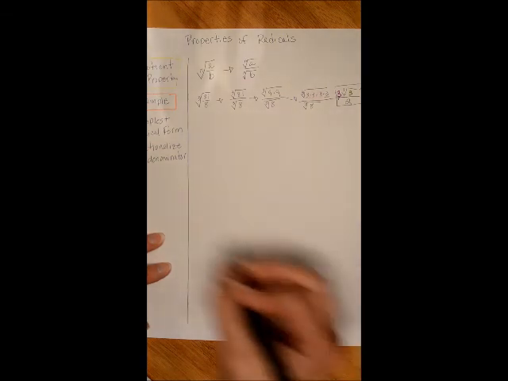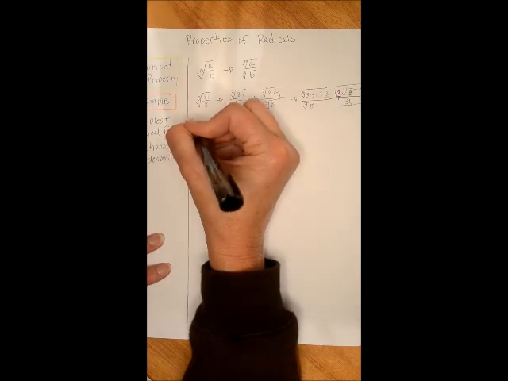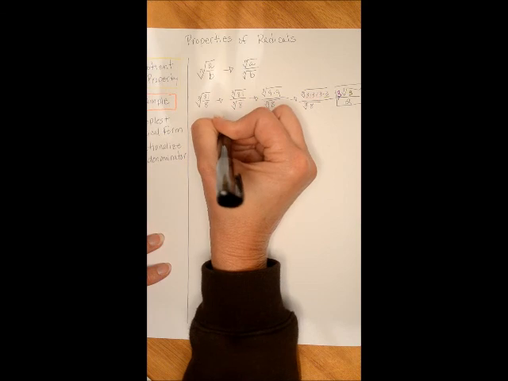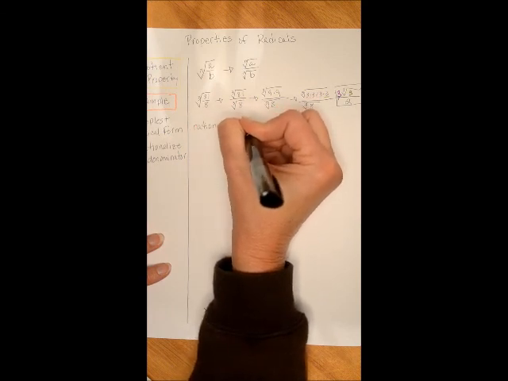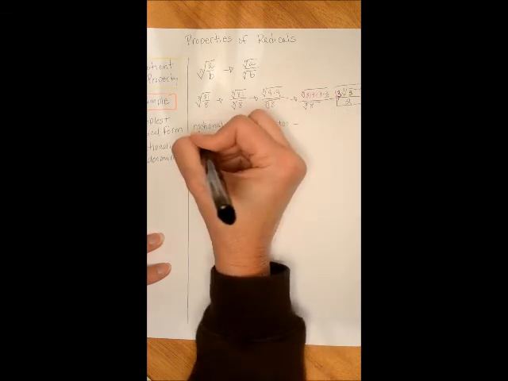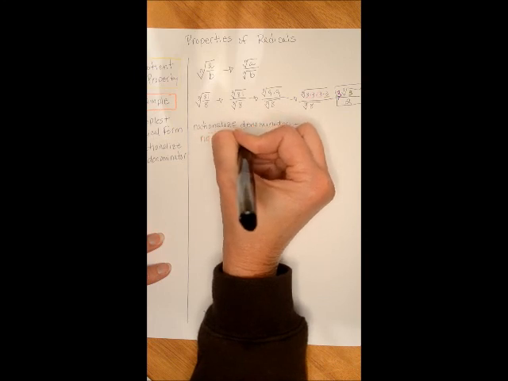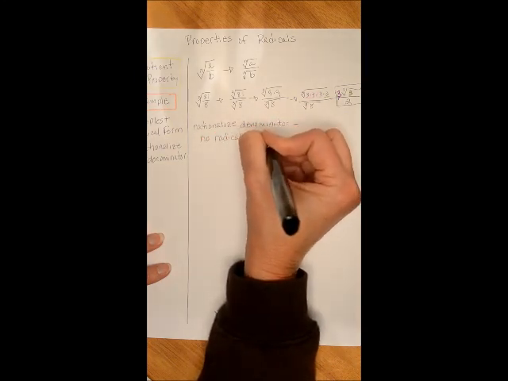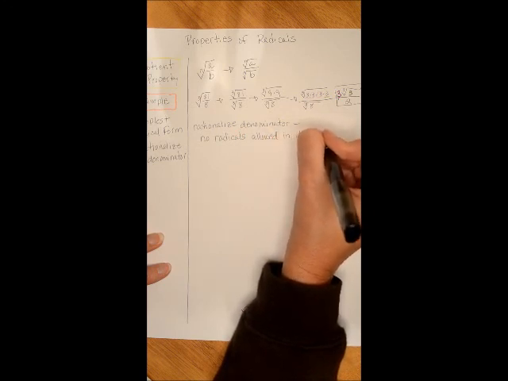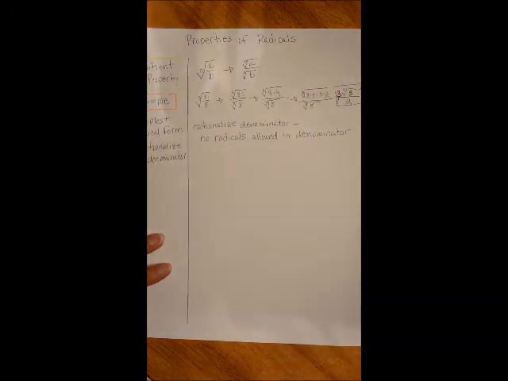Okay, rationalize the denominator. And what it means simply is no radicals allowed in the denominator. Okay, no radicals allowed in the denominator.